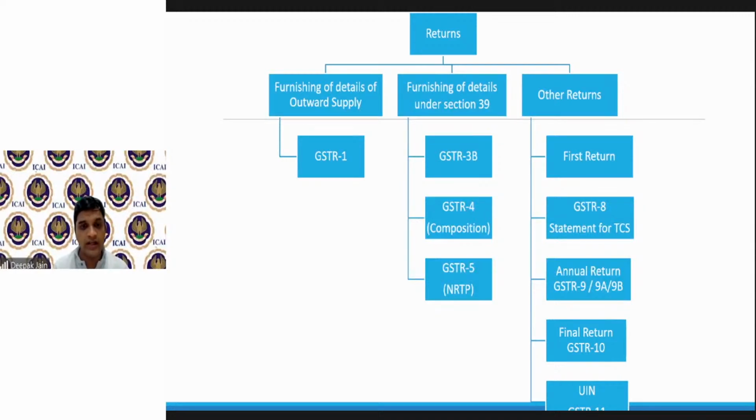Mayur is saying advocate. A lot of people are saying advocate. Kiran is saying advocate. Harish Chandra is saying reporting by the advocate and tax will be paid by the receiver of service. Nagaraj is saying there is an option to file GSTR-1 by both.